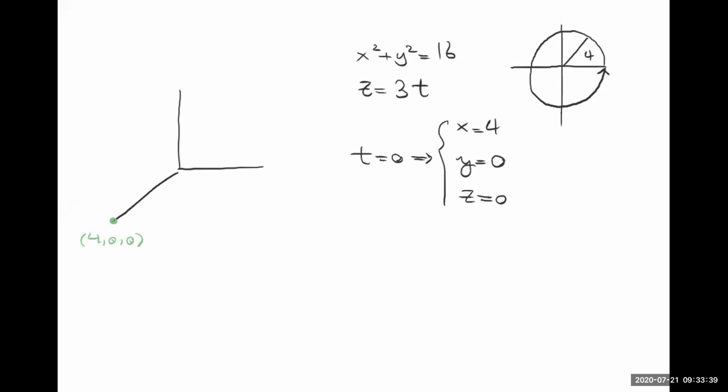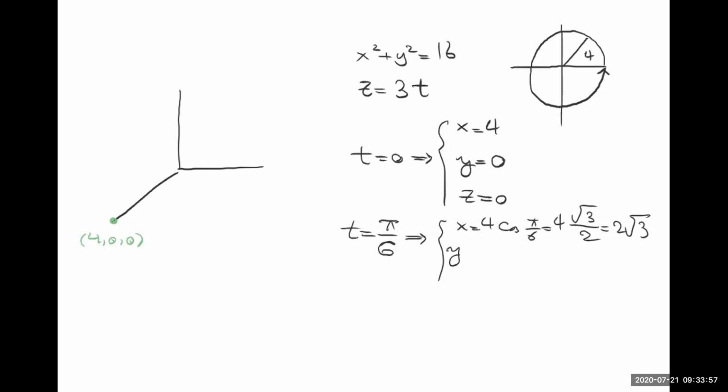Let's look at another time. Let's see where we are at t equals, say, pi over 6. Well, x would be 4 cosine of pi over 6, which is 4 times square root of 3 over 2, 2 times square root of 3. Y would be 4 sine of pi over 6, which is 4 times 1 over 2, which is 2. Z would be 3 times t, which is 3 times pi over 6, or pi over 2.